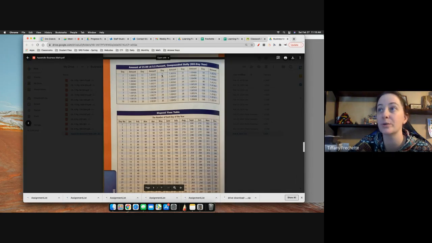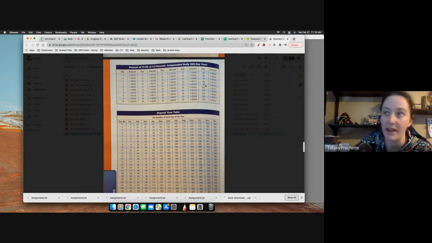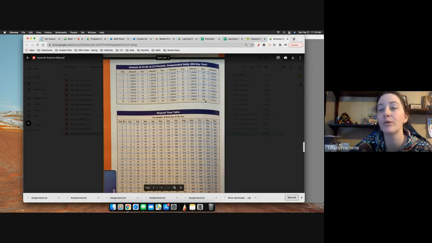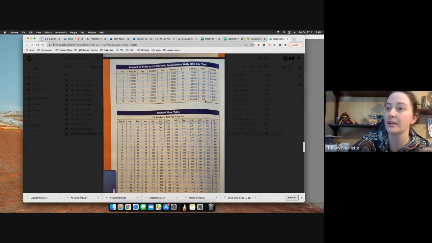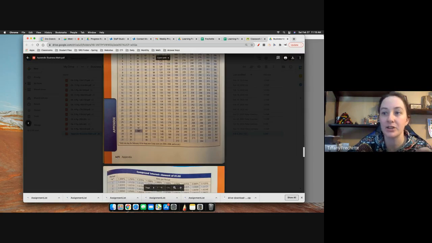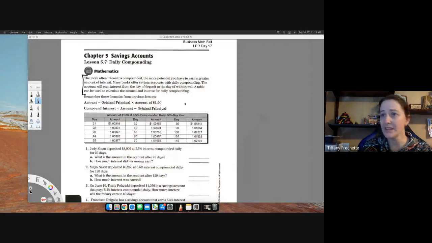It doesn't just start at 21 and go to 140, and the other one skips quite a bit too. So it doesn't quite have everything in it on the other one. This one goes from 1 to 140, so it's just an expanded version of that table. In case you didn't know it was there, it's in the back of the book in the appendix on page A10.